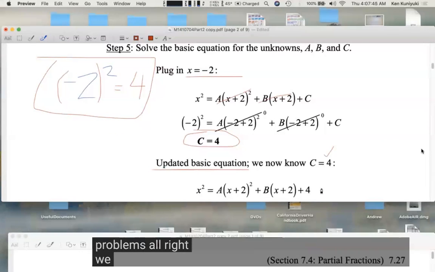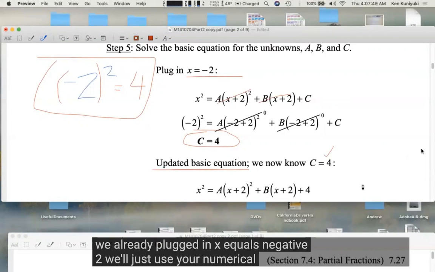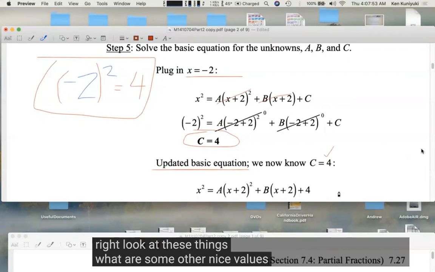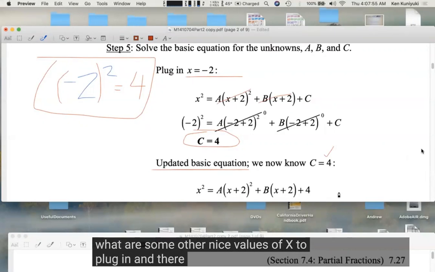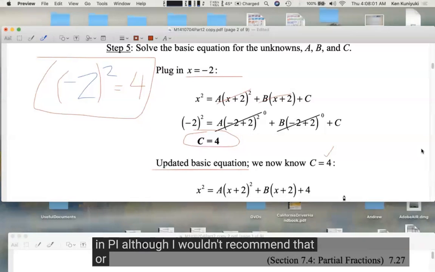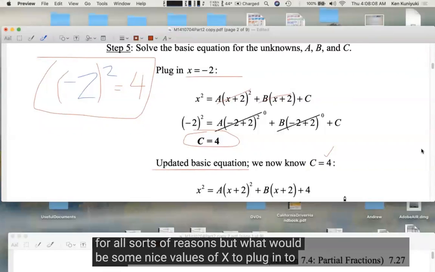All right, we already plugged in X equals -2. We'll just use your numerical sense. Look at these things. What are some other nice values of X to plug in? And there are no wrong answers. You could, in principle, be weird and plug in pi, although I wouldn't recommend that. Or your SSN, I wouldn't recommend that for all sorts of reasons. But what would be some nice values of X to plug in to make this simpler?